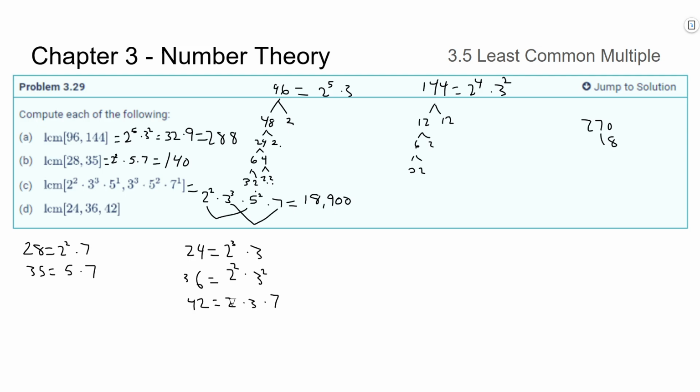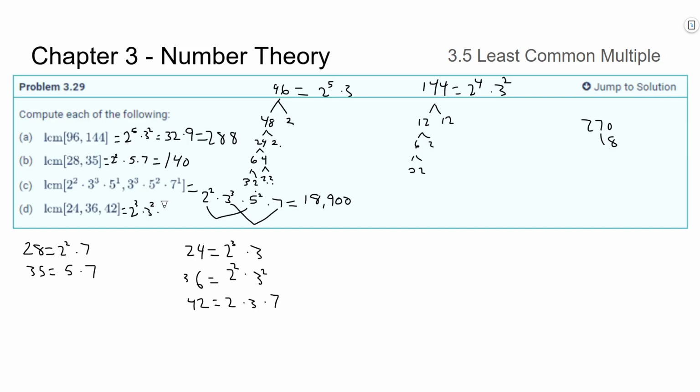Okay, so for all of these, we need to get the largest of the same base. So the least common multiple would be, the largest 2 here we have is 2 cubed. How about the largest 3 here? We have 3 squared. And then what else do we have?